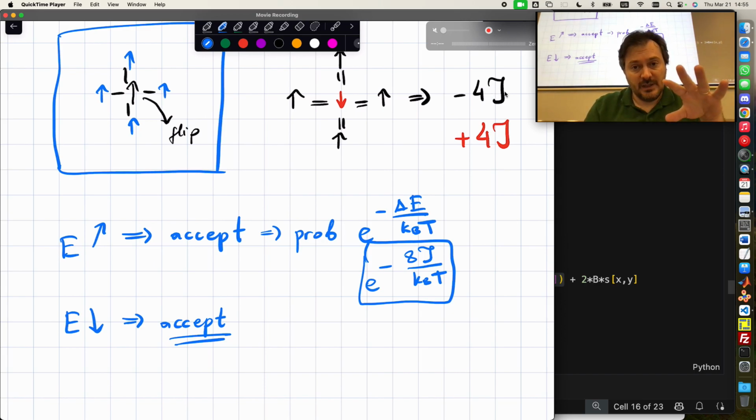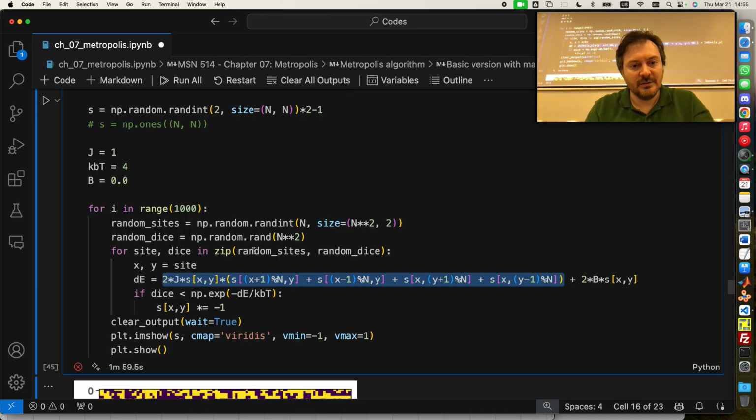The change in the energy was 8J. So let's get the same result. 1 plus 1 plus 1 plus 1 times the 1 in the middle is 4. 4 times 2 is 8. Do you see? 8J. So that's why the change in the energy is basically the sum of the neighbors times the central spin.